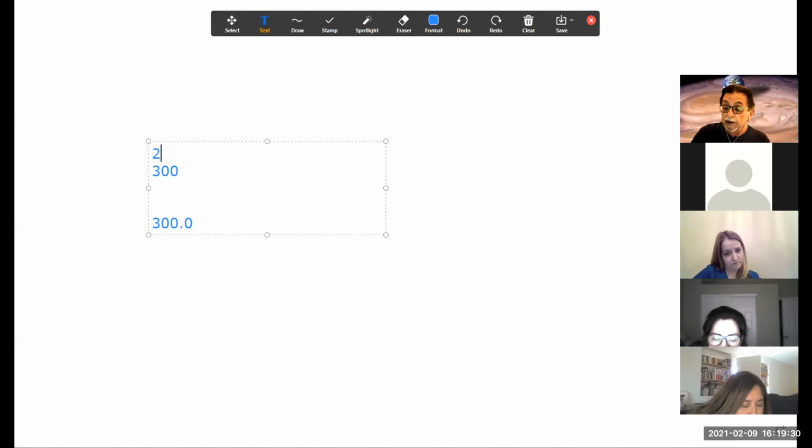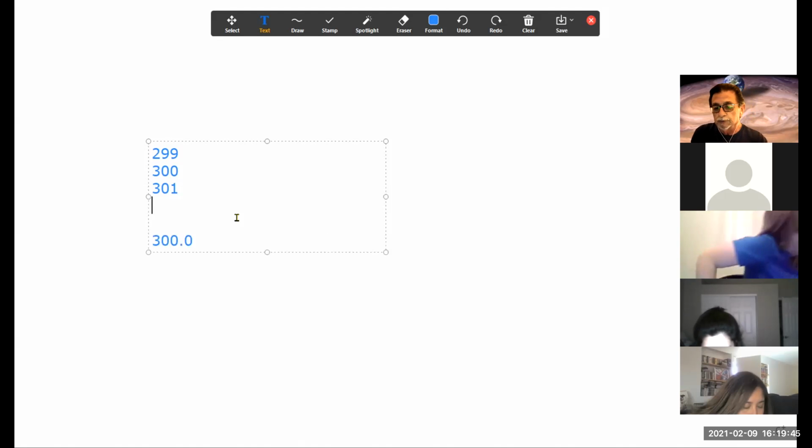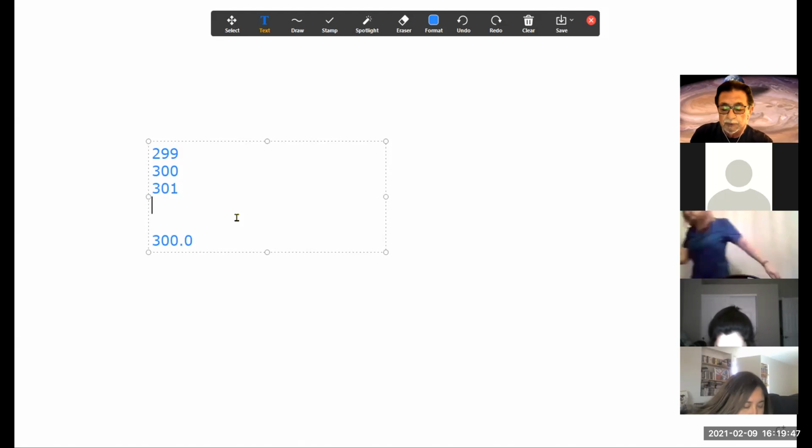It could be from 299 to 301. Okay, so we have a big range here of roughly 2 units of whatever this number represents. So it goes from 301 to 299. So we got a range of 2 units.